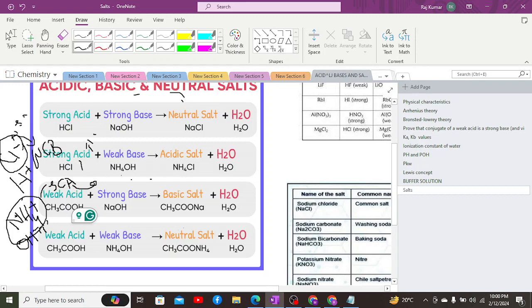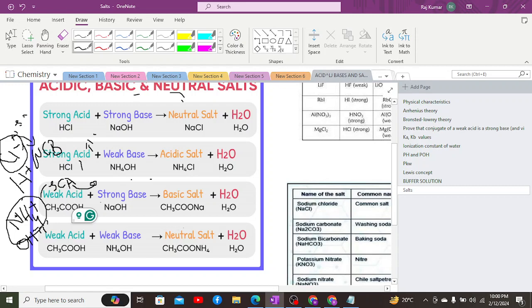Now in a neutralization reaction, if there is a strong acid and weak base, then the properties of the acidic salt are obtained from the base.